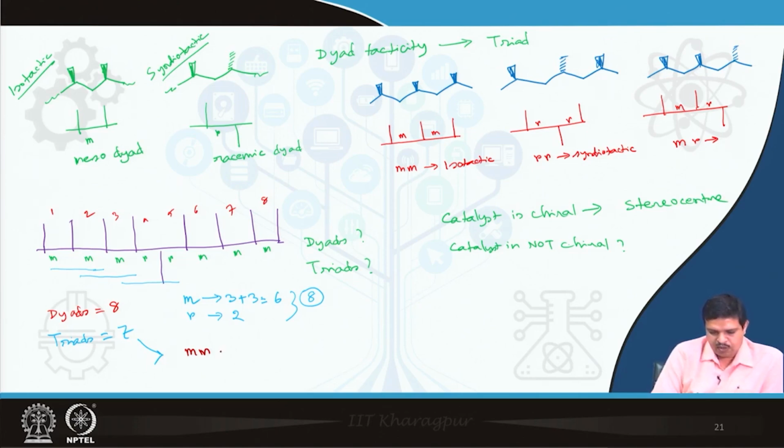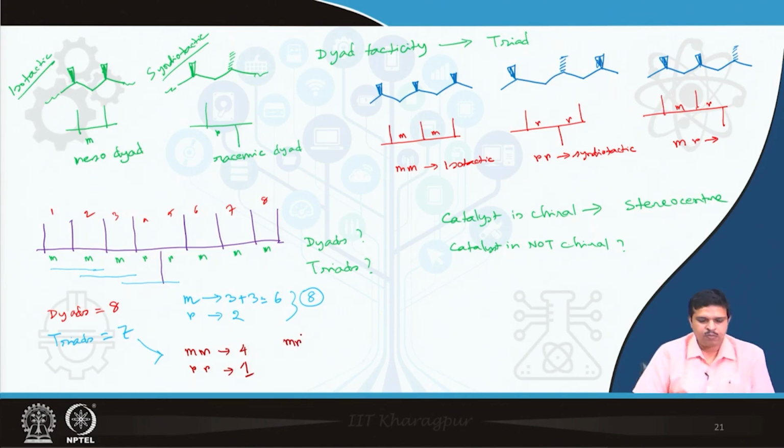So, in total I am getting 4 mm. Now, how many rr? This one and this one. So, rr I am getting only 1 triad. Now, how many mr? Here you will see mr and mr. So, again 2. So, the total is 7.